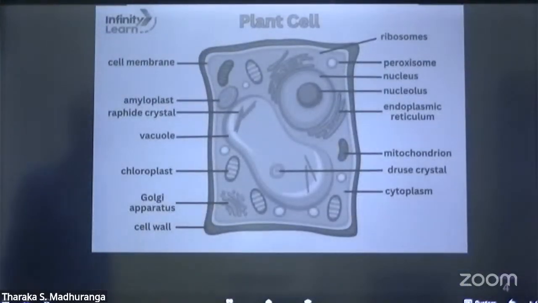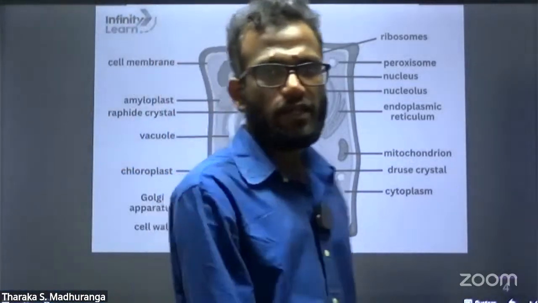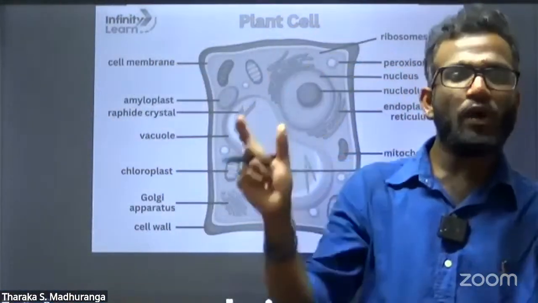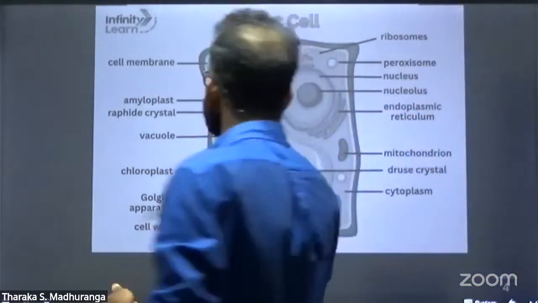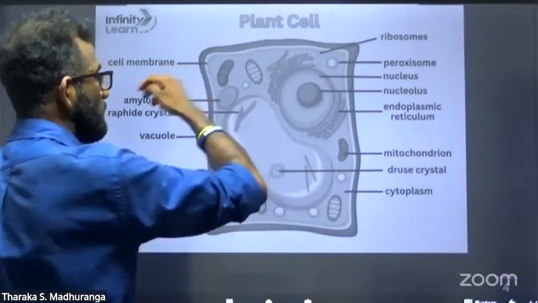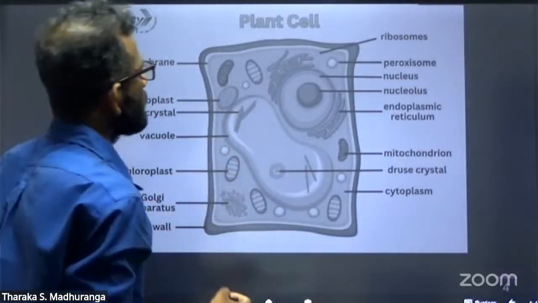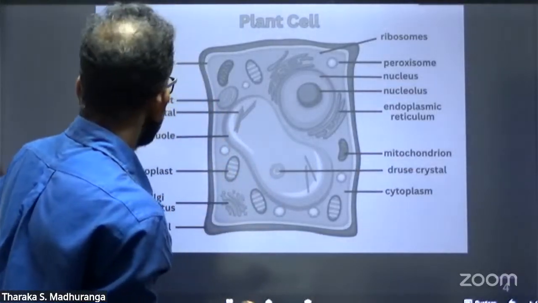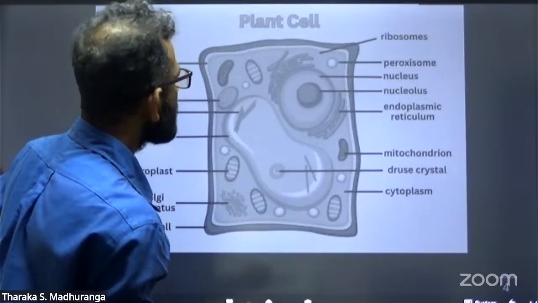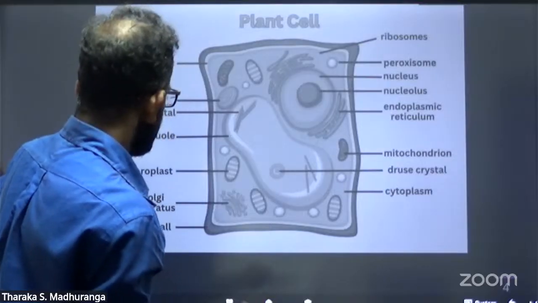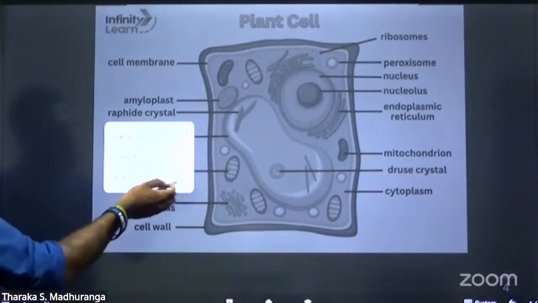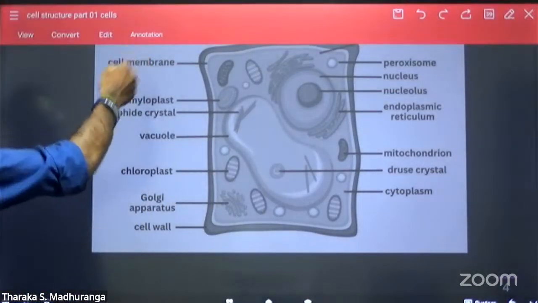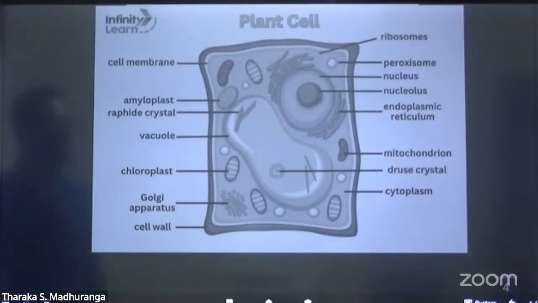Okay, this is a plant cell. You can see the plant cell has a rigid cell wall, therefore it has an organized shape. It starts from the cell wall. This is the cell wall. Inside the cell wall is the cell membrane, or plasma membrane.